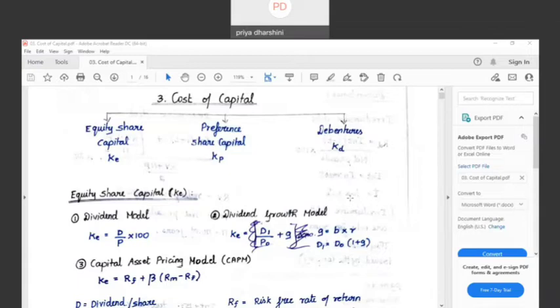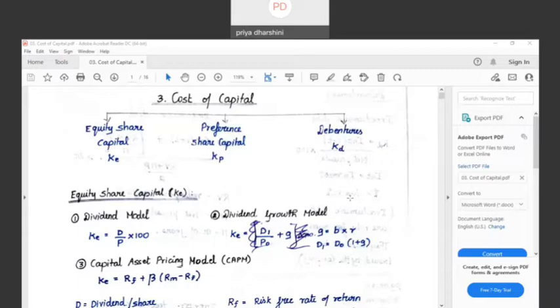The overall cost of capital will be referred to as K0, which is the weighted average cost of capital for all the sources. Whenever an organization is raising capital, the capital is a liability for the firm. The people who have sponsored such capital will expect some returns.